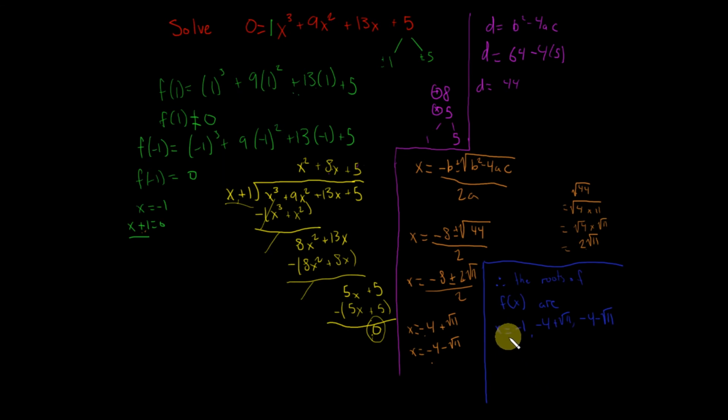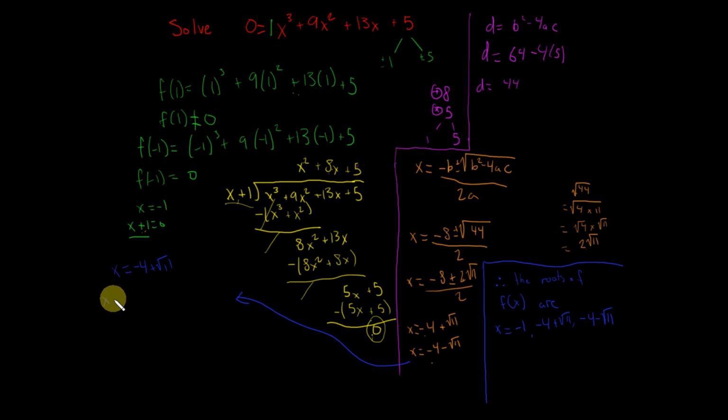So also, if I wanted to write this as an actual function, let me do this over to the side. We know that if this is our root, x equals -4 plus root 11, and I want to equal this to 0, then I would add the entire thing to the other side.